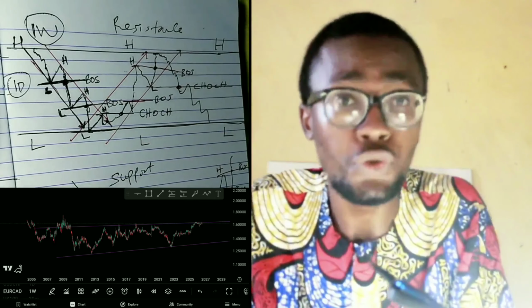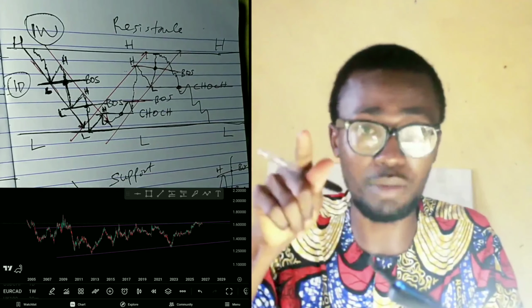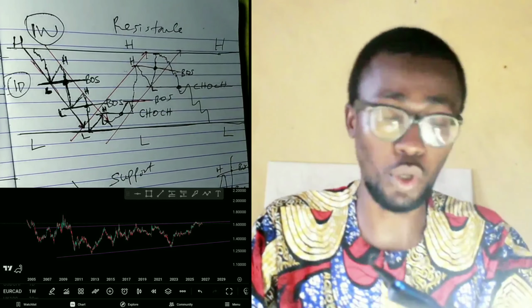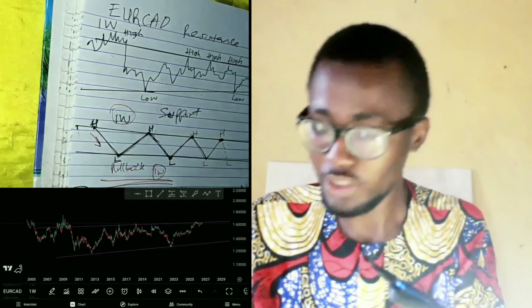But when you don't know, you will keep on buying because it's going up. When it starts going down because it has gotten to the resistance of the higher time frame, you start losing because you don't know. That's why it's good for you to check the higher time frame.